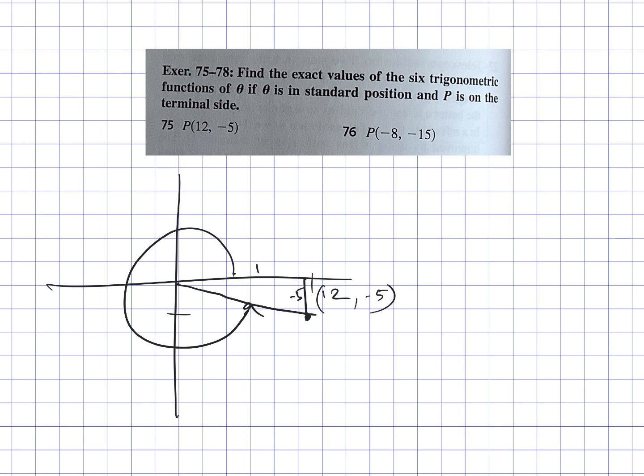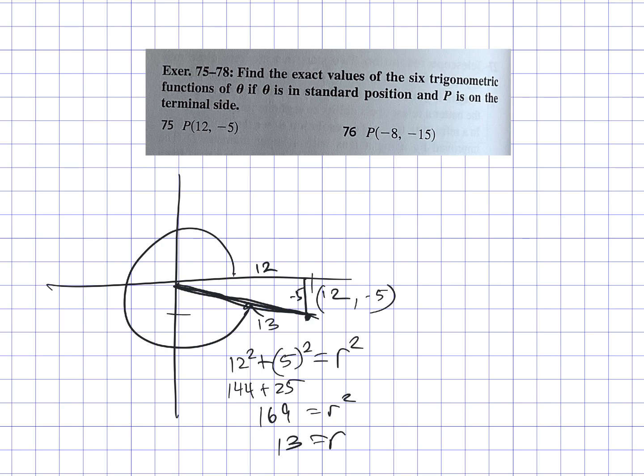That's negative 5, that's 12. What is the radius here? We just do the Pythagorean theorem. 12 squared plus negative 5 squared, which is going to be positive, equals r squared. 144 plus 25 is 169, and the square root of that is 13.